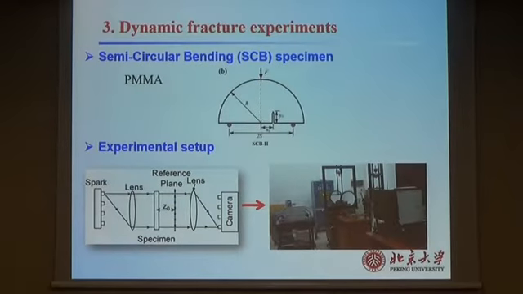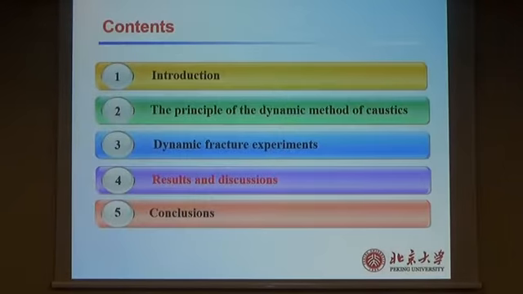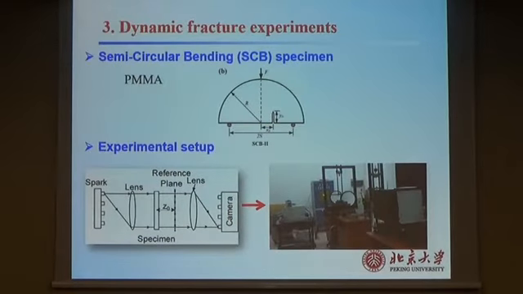So our dynamic fracture experiments use PMMA as the brittle material, because this is a transparent and very tough engineered material.